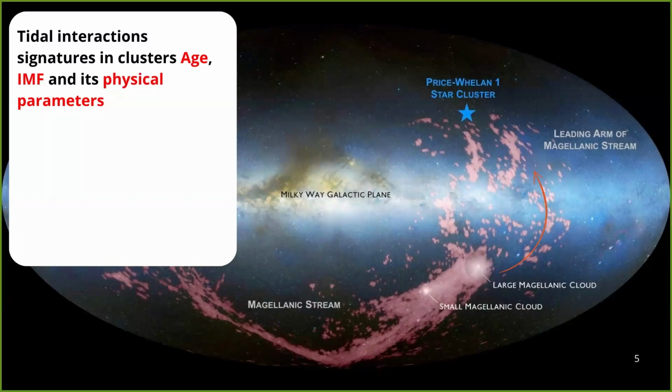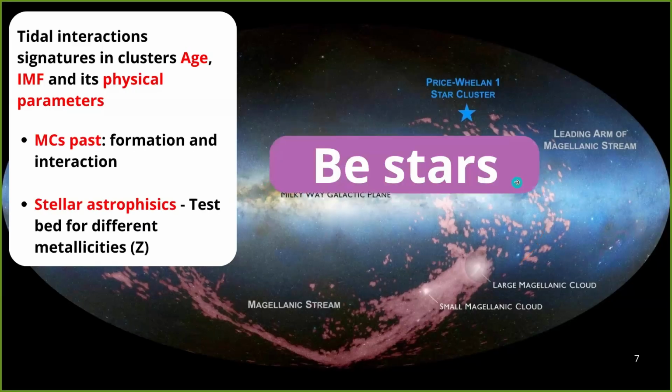This information can somehow be recovered from cluster ages, initial mass function, and physical parameters like radius and so on. Those targets also offer us the opportunity to test stellar astrophysics under other metallicity regimes.